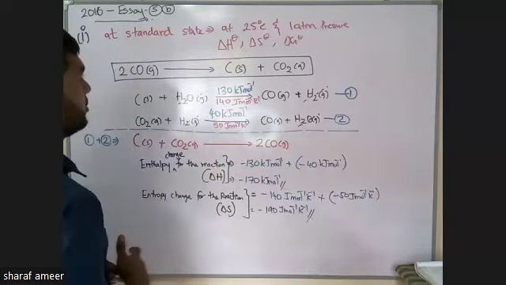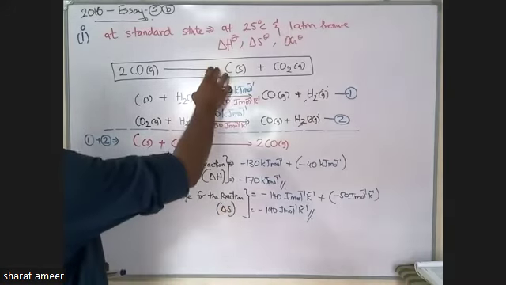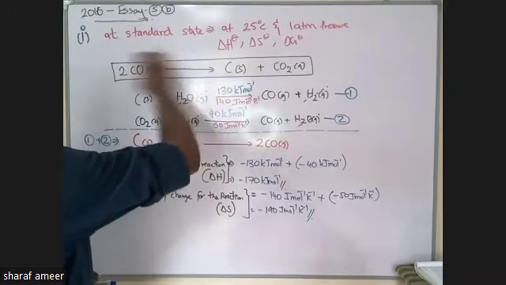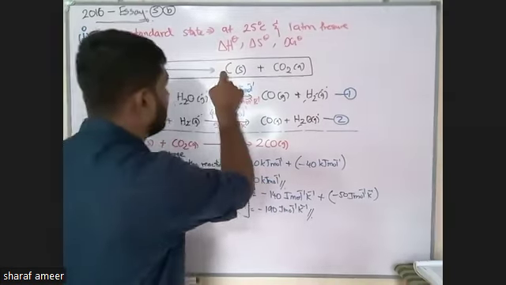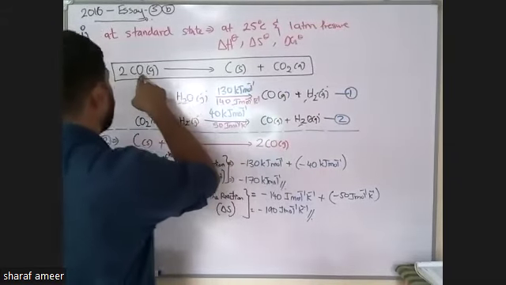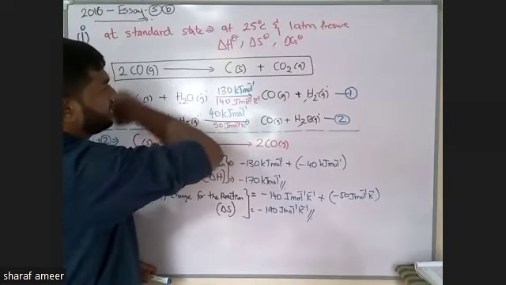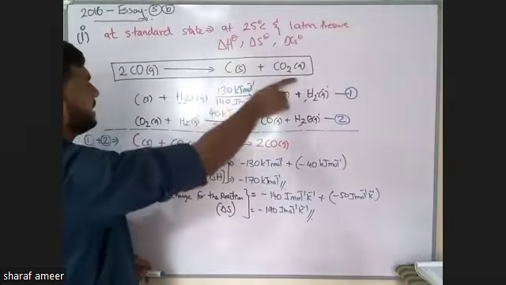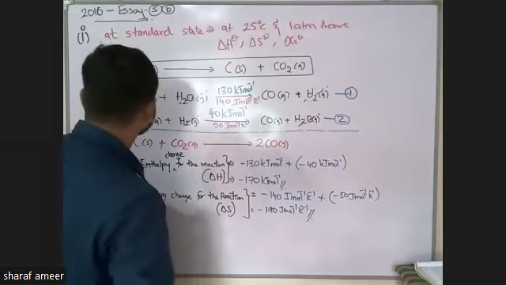They ask whether this sign agrees with this reaction. Yes. Why? Because here molecularity is 2. We have 2 moles of carbon monoxide gas, which dissociates to give 1 mole of carbon solid and 1 mole of carbon dioxide gas. So here we had lots of gases, and here there's a change in state, a reduction in the number of states.